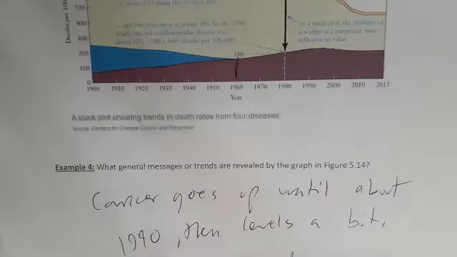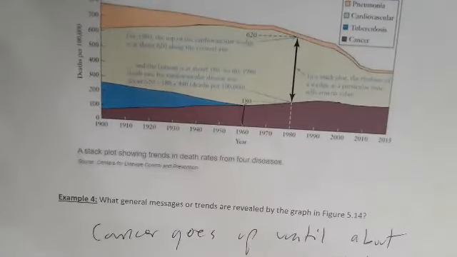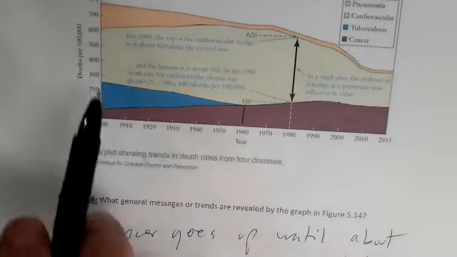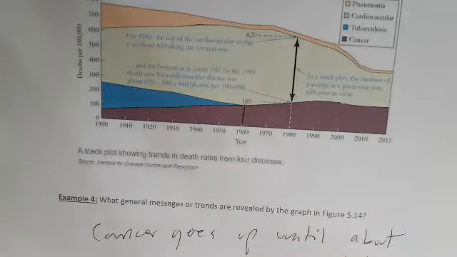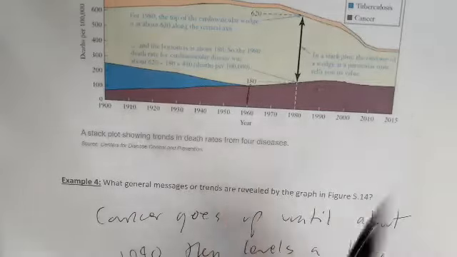The next thing we want to talk about is the cardiovascular disease. So it looks definitely like cardiovascular disease is getting larger and larger until about 1960, and then it looks like it's getting maybe a little bit smaller.